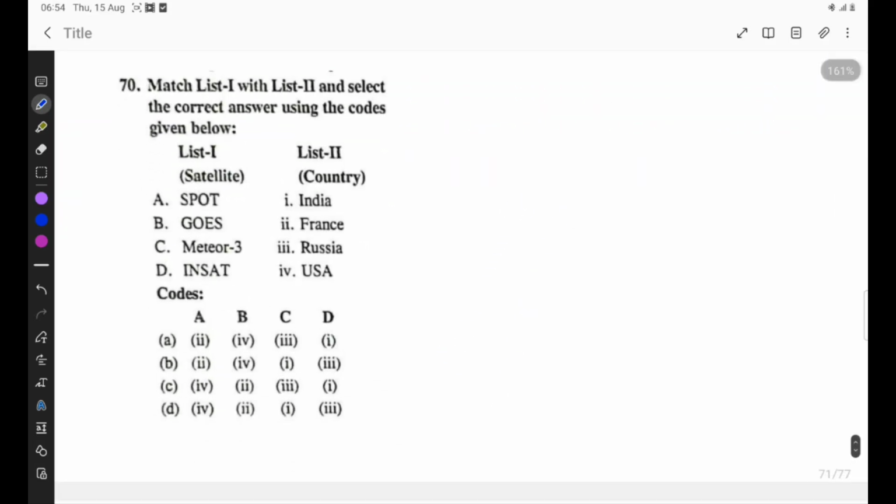Match list 1 and 2. SPOT, GOES, Meteor, INSAT. D1 and C3. Meteor is Russia.